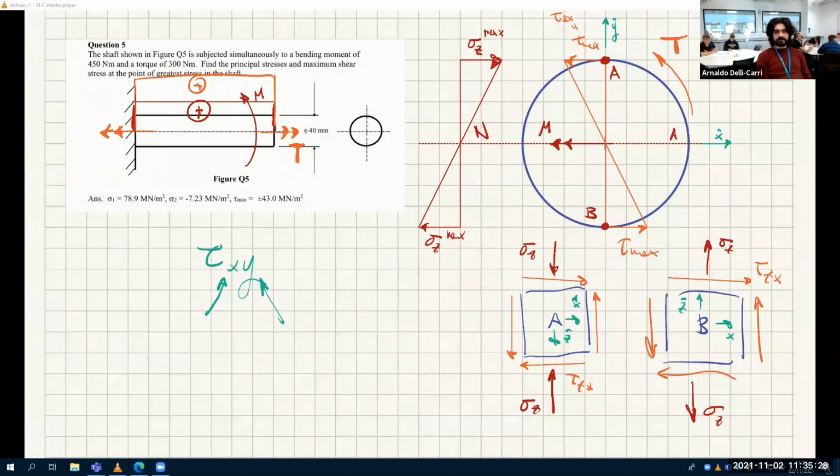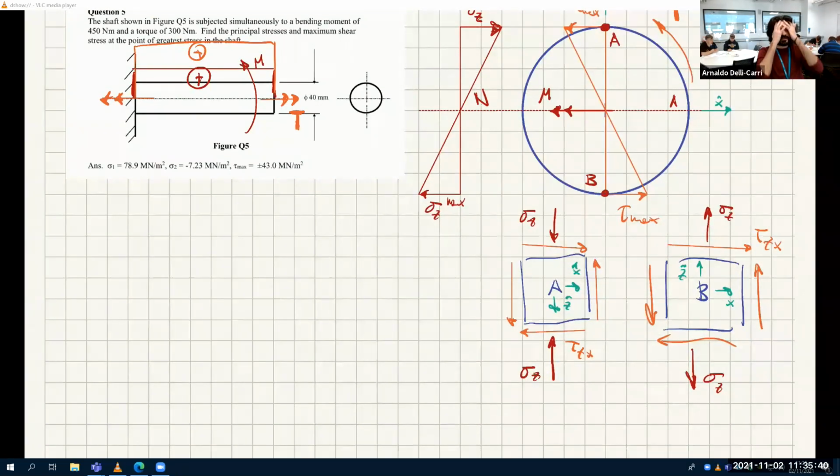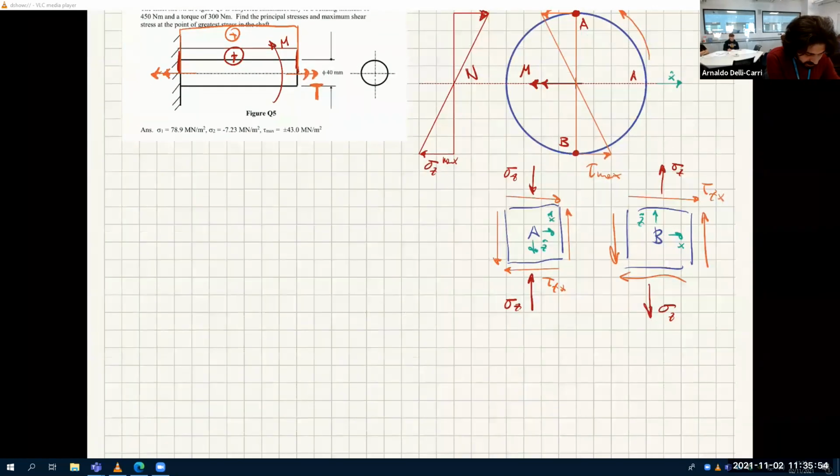Do you agree? Good. Now, let's find the principal stresses and maximum shear stress at the point of greatest stress. These two are both points of greatest stress. So let's find the largest principal stresses, which are the largest normal stress, and the largest shear stress. So how do you do this? Well, we just apply the equations.